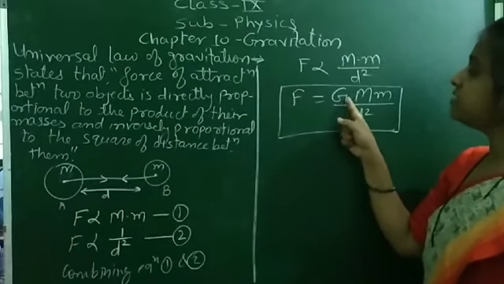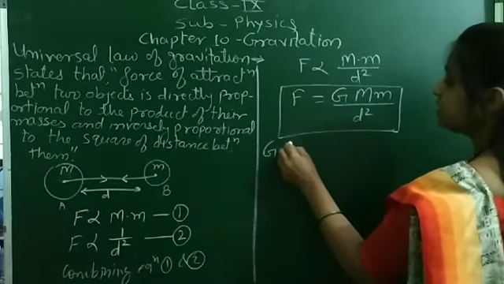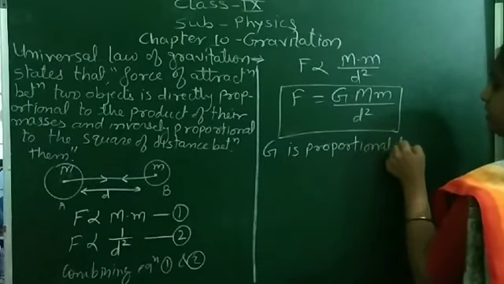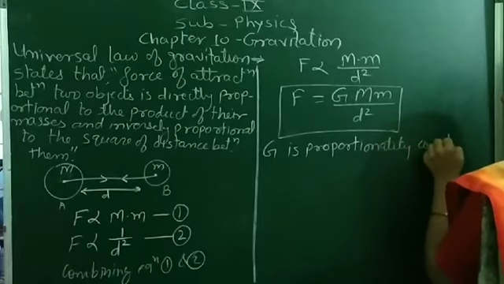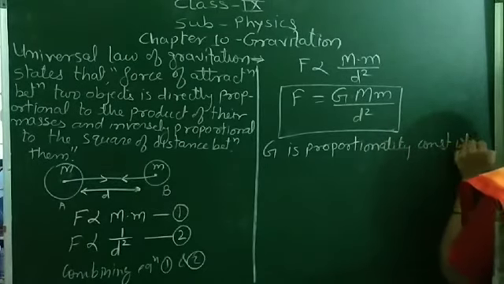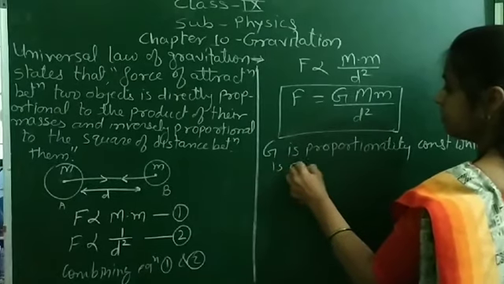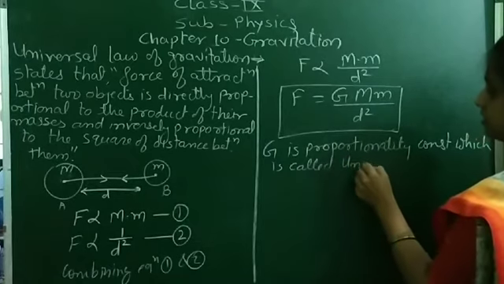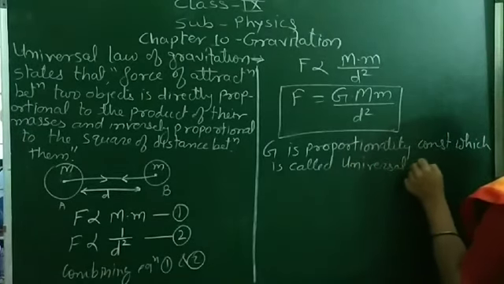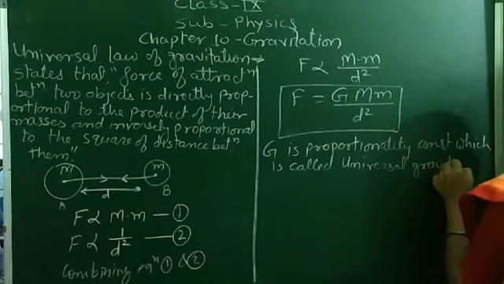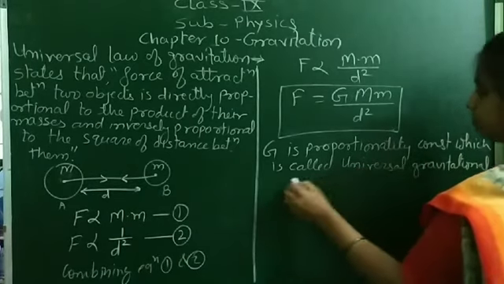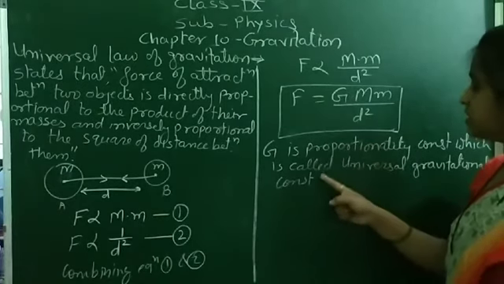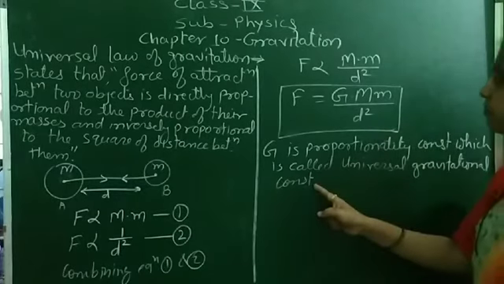Then G is the proportionality constant. What is G? G is the proportionality constant, which is called the universal gravitational constant.